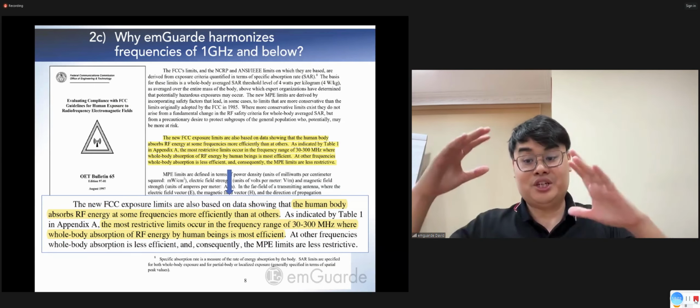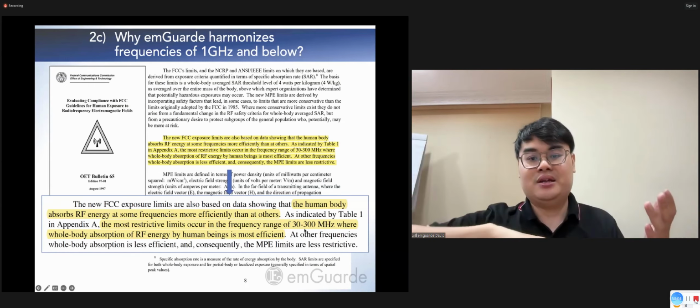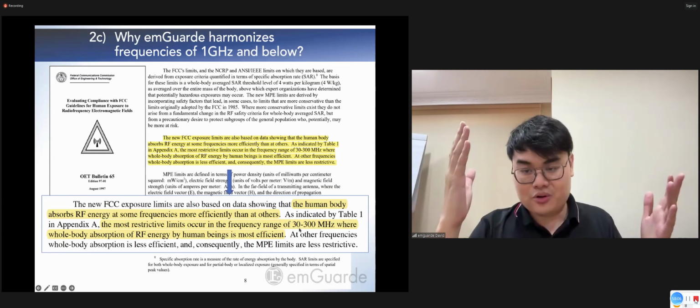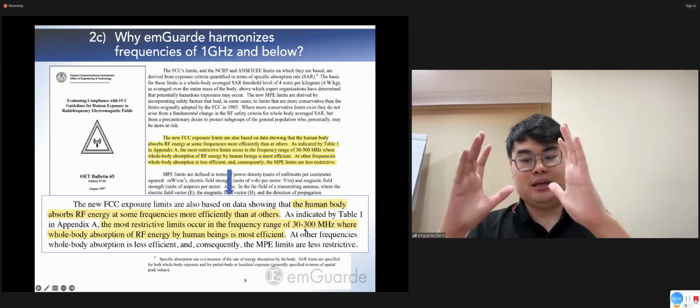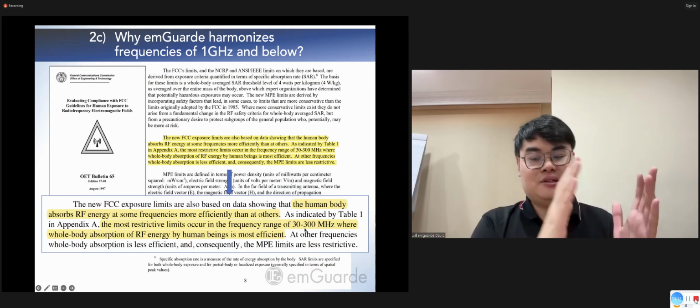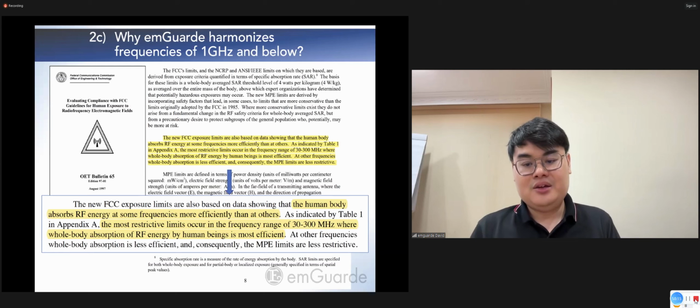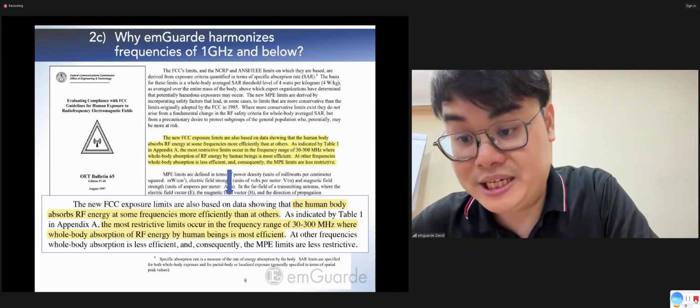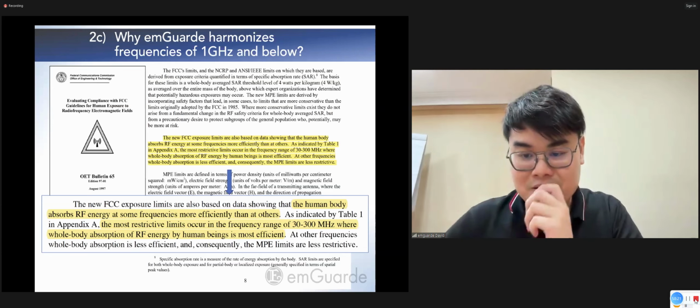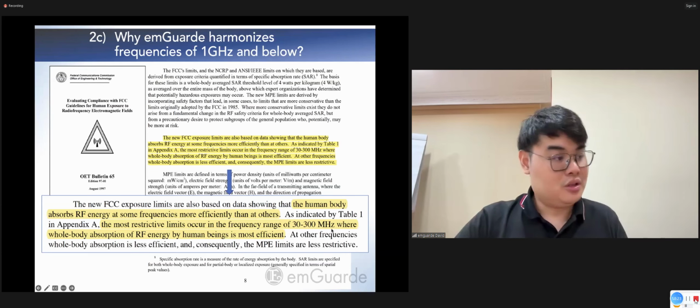If you convert from gigahertz down to megahertz, you just add the zeros. So 1 gigahertz is as good as 1000 megahertz. So 30 to 300 megahertz is actually below 1000, which is below 1 gig. Okay, so far so good. All right, now let's continue.